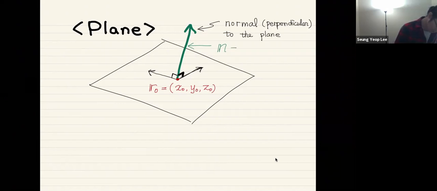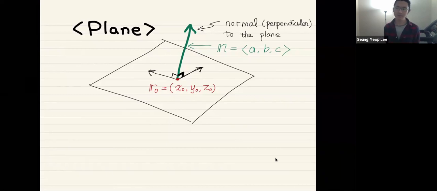And what's the notation for the components of N? ABC was used for the components of N. Okay, so given these two things, a point on the plane and the normal direction to the plane, can you write down some equation that describes the plane?